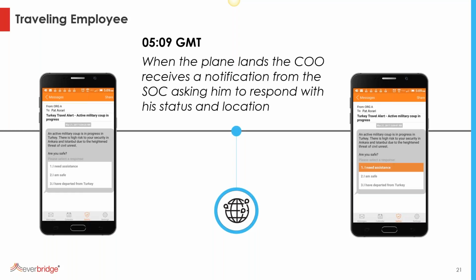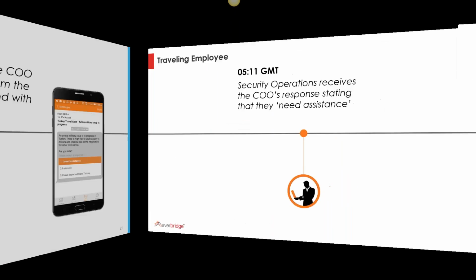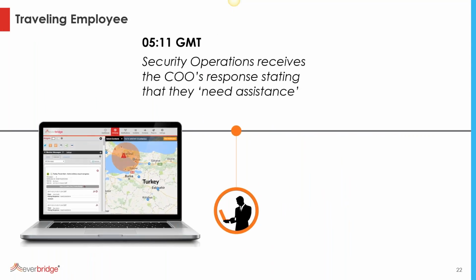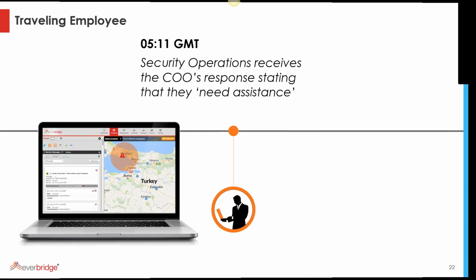In this scenario, the COO responds they need assistance, and their location is already going to be updated on the map. Their response is going to be updated on the map. So in the Security Operations Center, I will be able to see their response and their pin on the map. This allows me to follow up further and send further notifications to them, letting them know what they need to do.